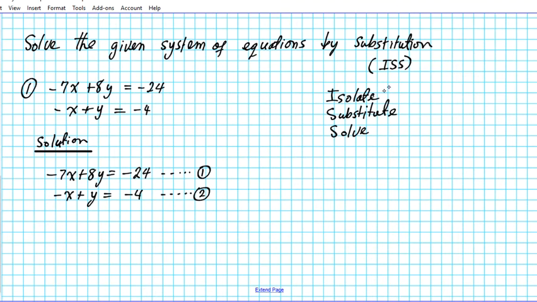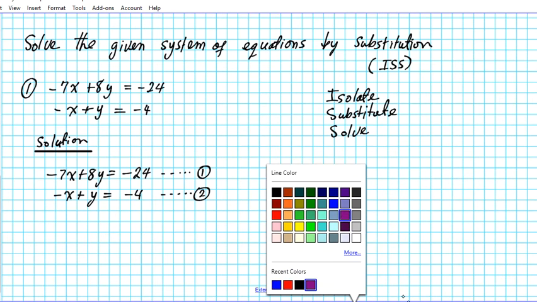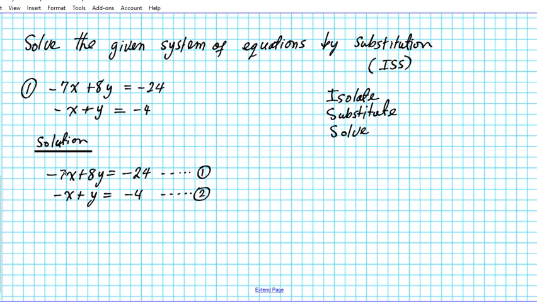Okay, so let's start with the I step first. We want to isolate. We want to pick a variable to isolate. Okay? Now, whenever you're given a problem, your first preference should be to select the variable with the coefficient of 1. That is the easiest to isolate. Okay, so let's go over what I'm talking about real quick.